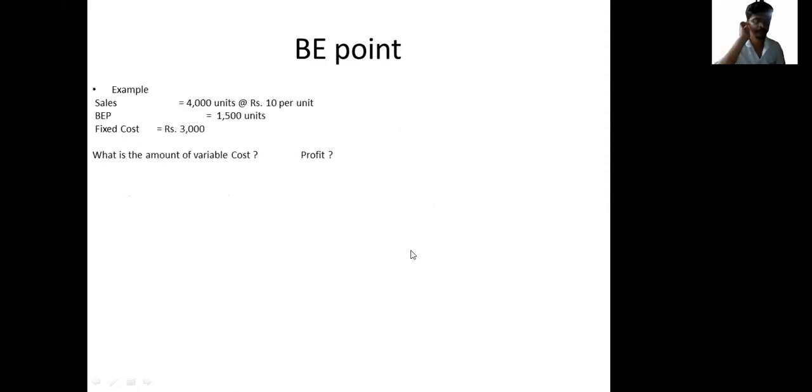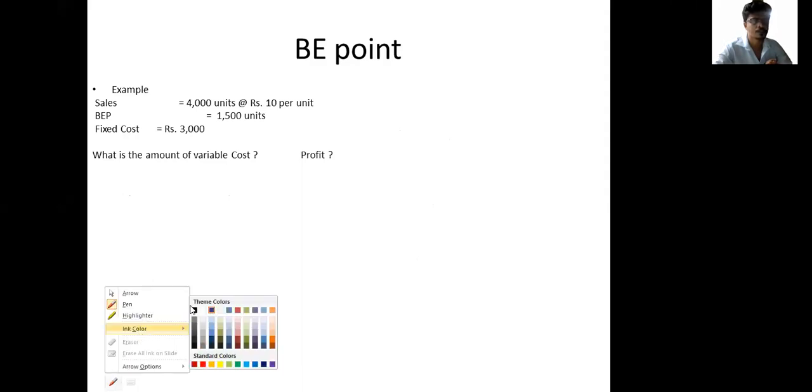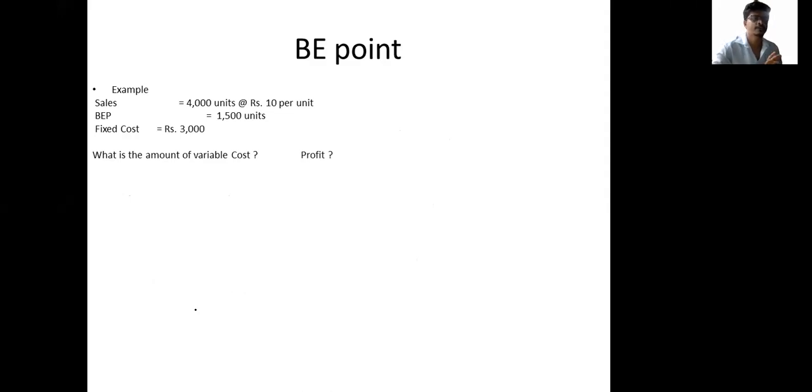Let's see the way. We have been given the sales, BEP and fixed cost. If we know the fixed cost and BEP units, how do we get the contribution per unit?